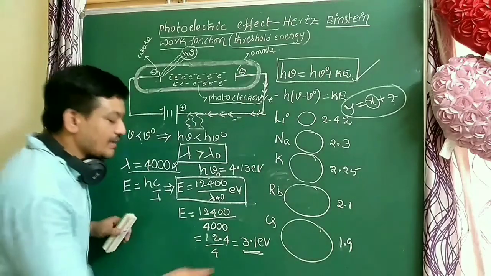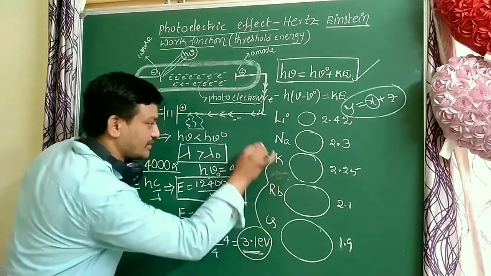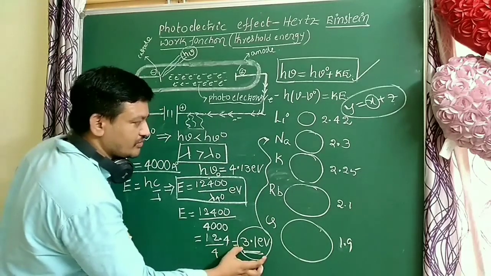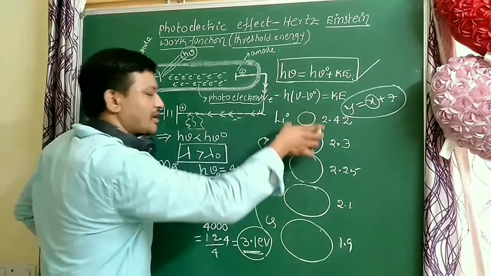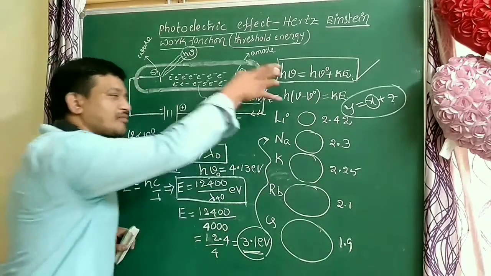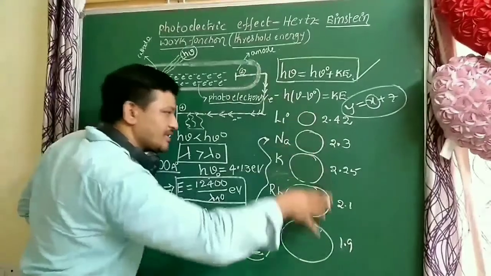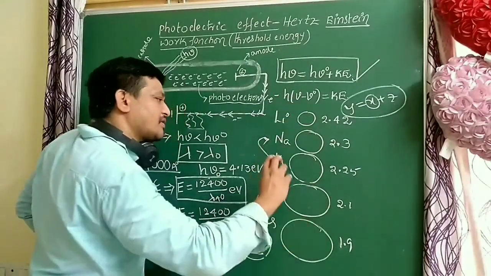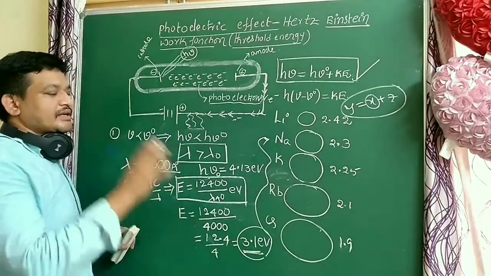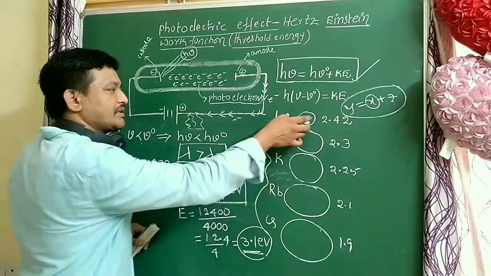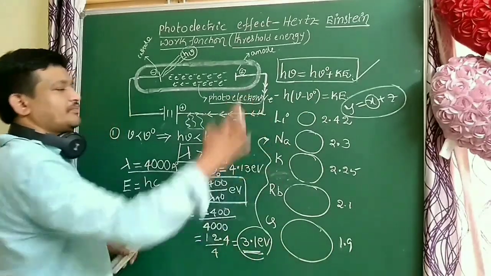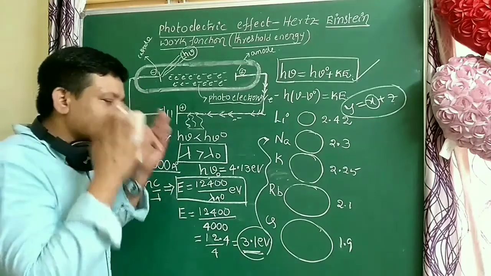Because your light energy is greater than the threshold energies. Your light energy is 3.1, and all these metals' threshold energy is less than 3.1. So these metals emit electrons, and the electrons also move with some kinetic energy.